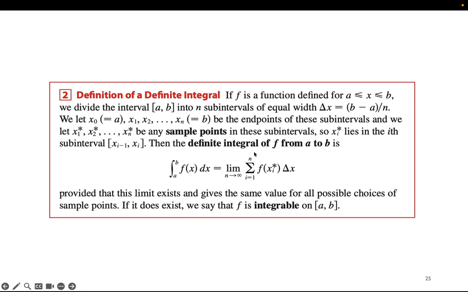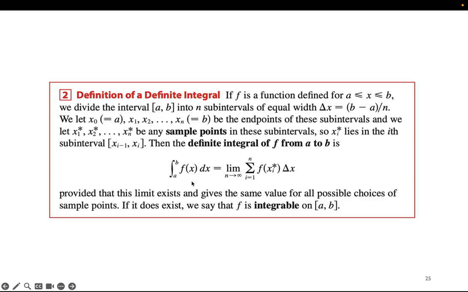That process, we're going to give it a name now. We're going to call this the definite integral. So the definite integral from a to b of this function. This is the notation. Notice the notation is similar. The sigma is replaced by this integral symbol. The delta x is replaced by dx. So this is the definition.